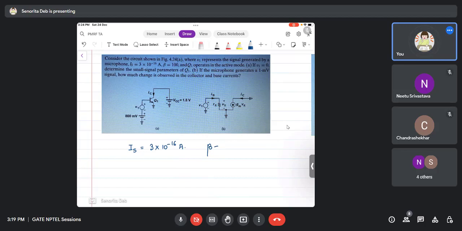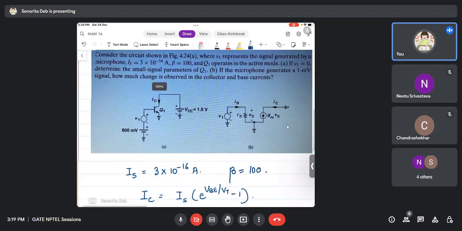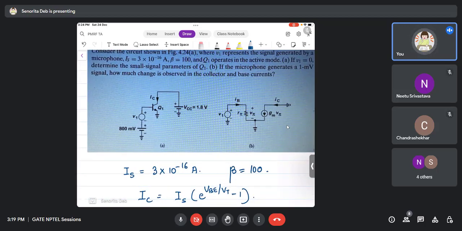Beta is 100, right? So now what is IC? Is e to the power VBE upon VT minus 1. Now in the first figure, you can see what VBE is, right?